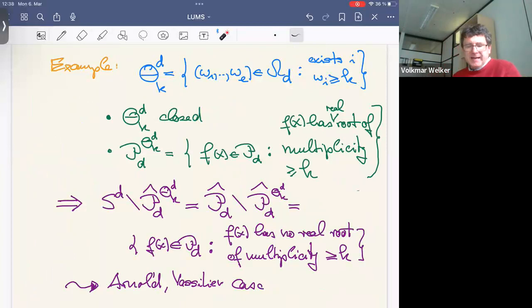So let's go back to the Arnold Vasiliev case. What did they consider? Just to remind you from the very beginning of my talk, they considered the polynomials which have no real root of multiplicity greater or equal to k.